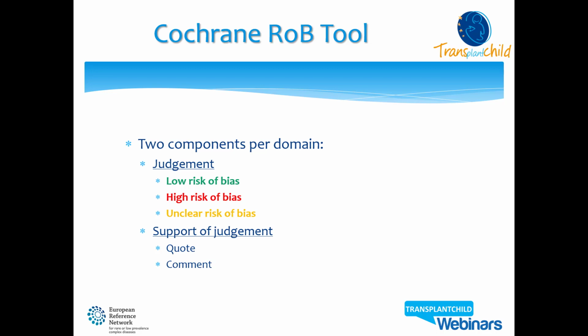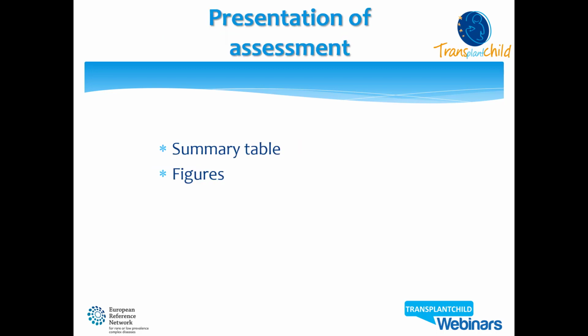And then the second component is how you support your judgment. If you want to quote something from the text, you can do it. Just copy and paste a line or a couple of lines. And if you want to make a comment, instead of copying and pasting some information from the study, then you can write down the comment.